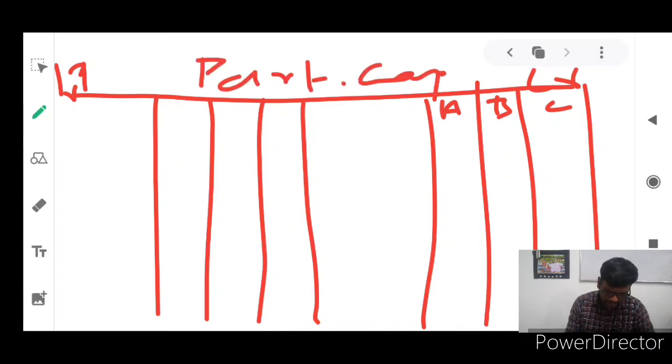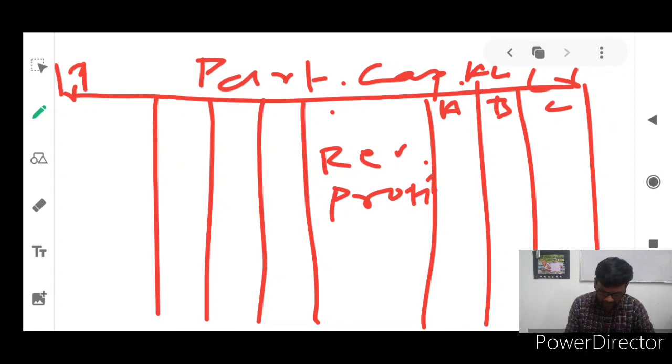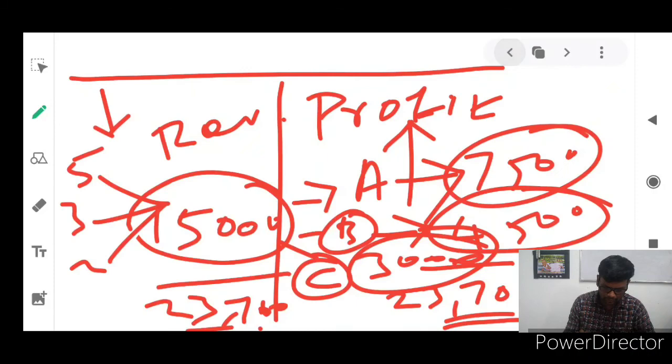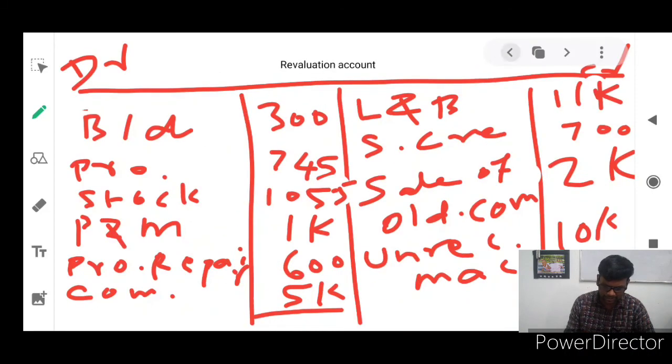Here in particulars we write revaluation profit. For partner A, it is 7,500 rupees. For partner B, 4,500 rupees. And for partner C, 3,000 rupees. It will be written on the credit side of the partners' capital account. The revaluation profit is transferred to the credit side of the partners' capital account.